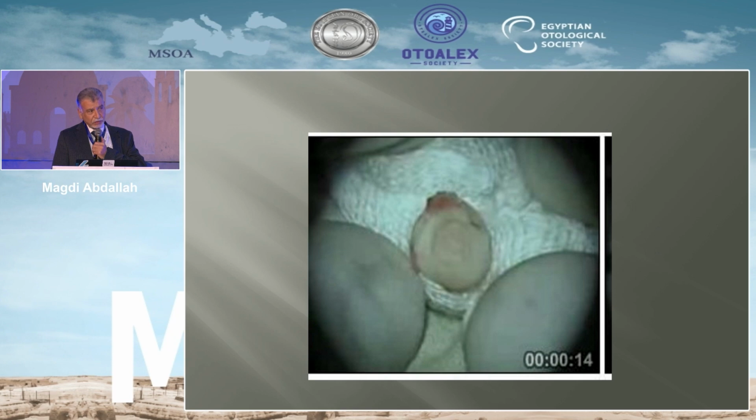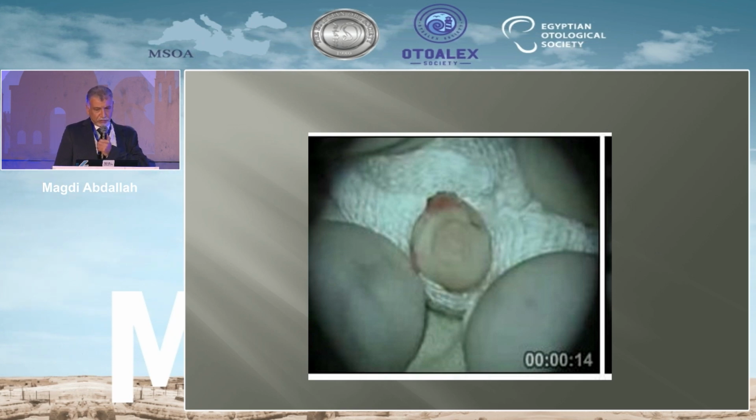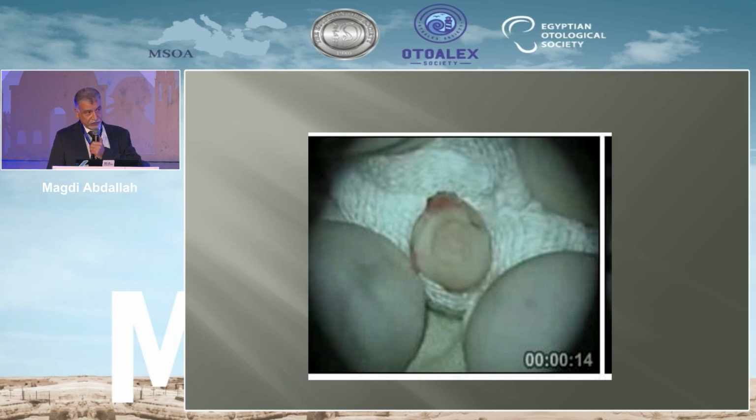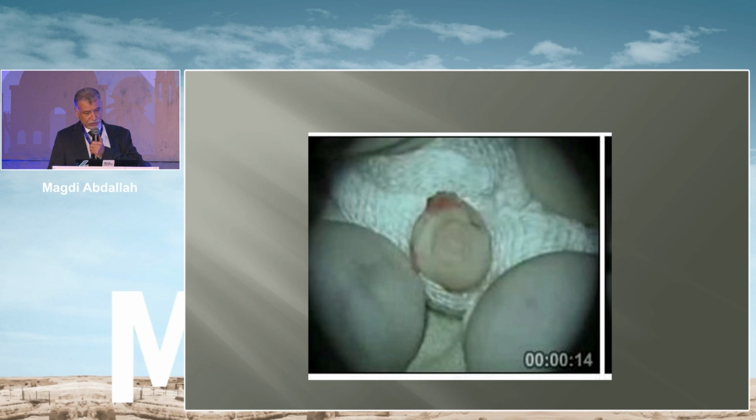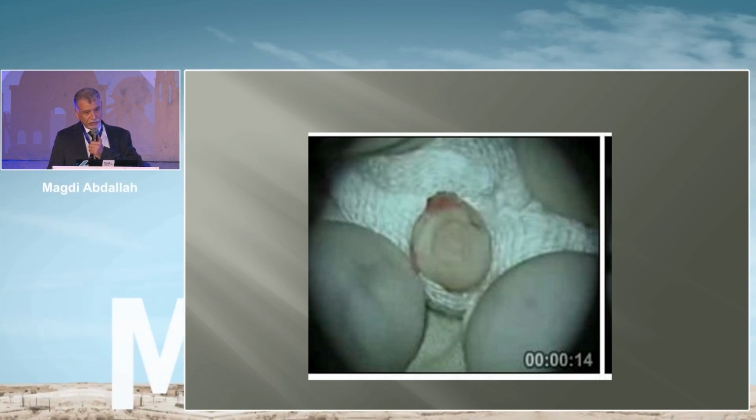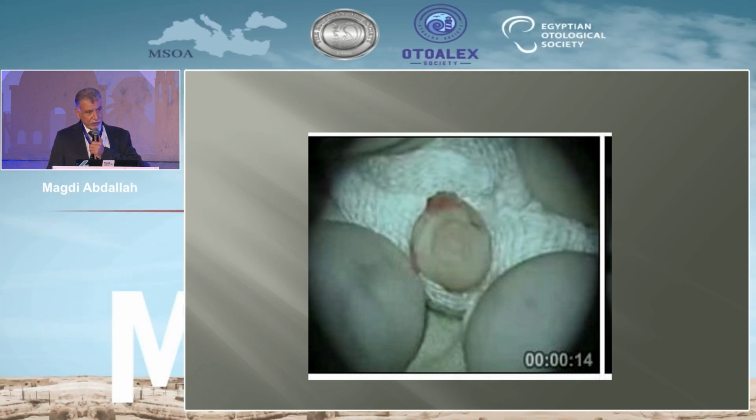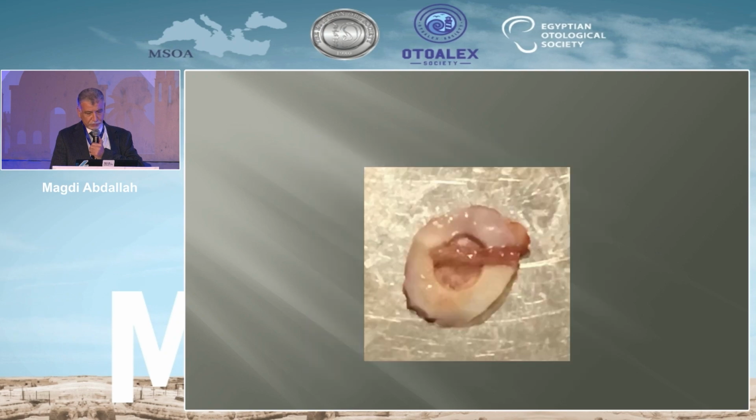This type of graft gives me good fixation, good stability of the graft, and a good hearing result. The peripheral chondral graft gives me good stability, and the central island of perichondrium gives me the good hearing result with tympanic membrane mobility.